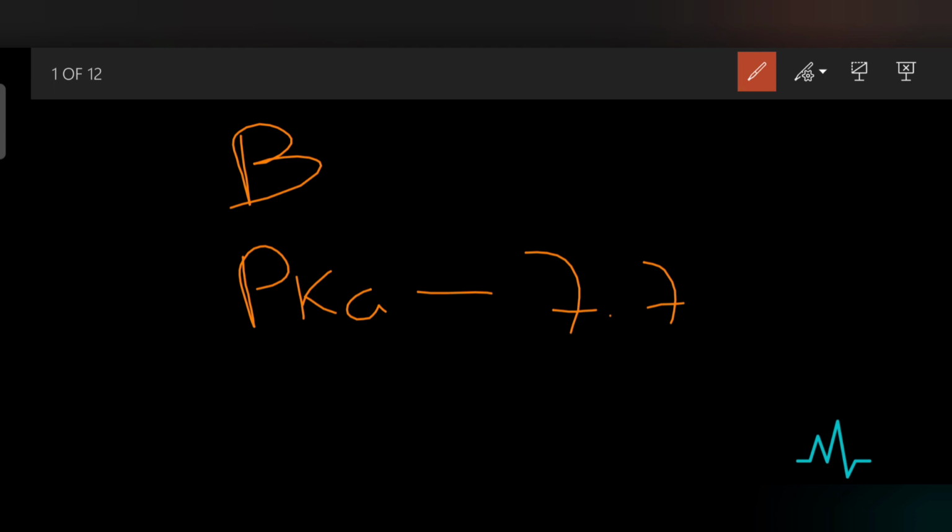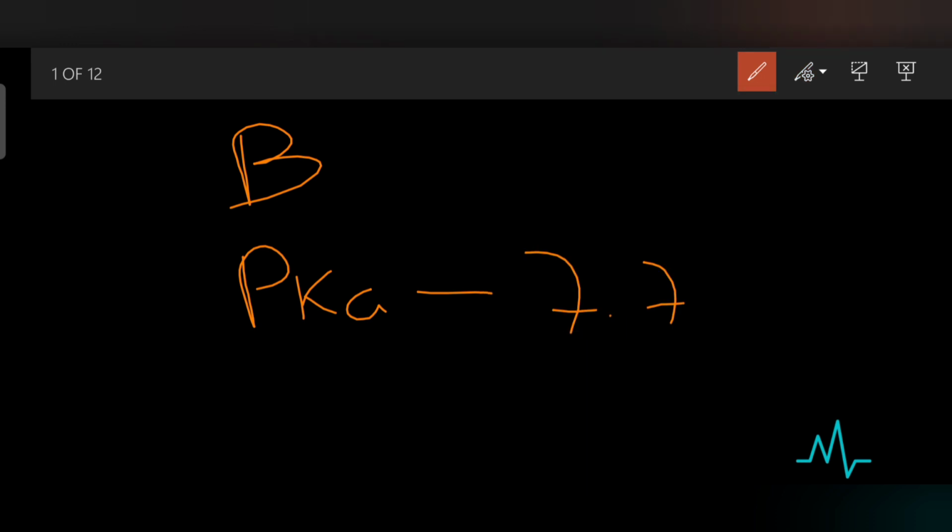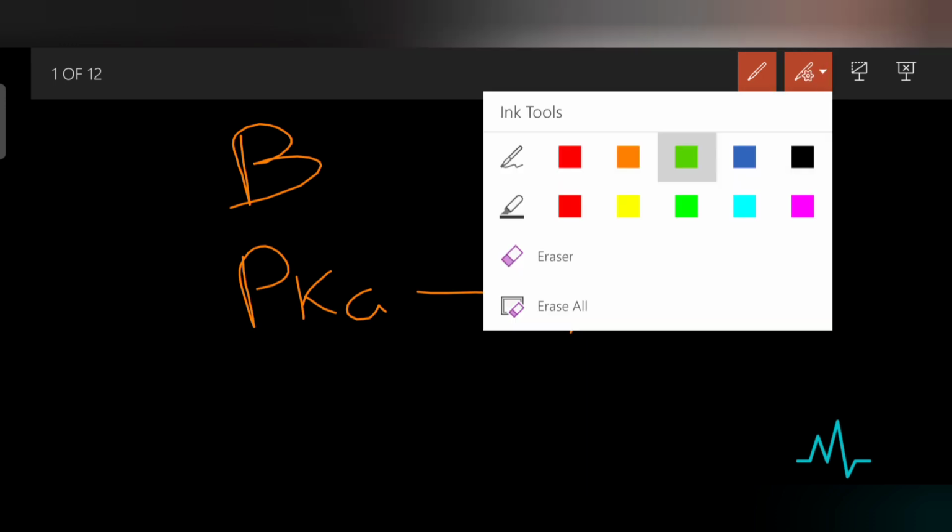Now, talking about how this local anesthetic works. One more thing I would like to tell you: anesthesia means the absence of pain, and the drug which is used to treat that pain is known as an anesthetic.